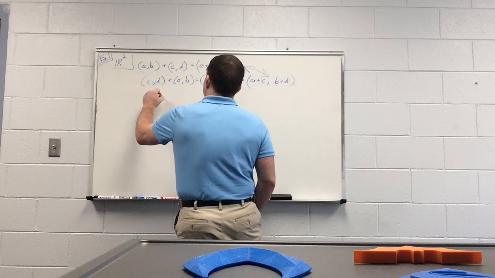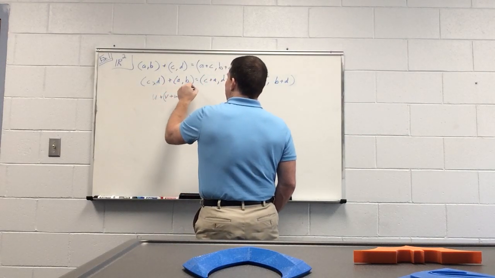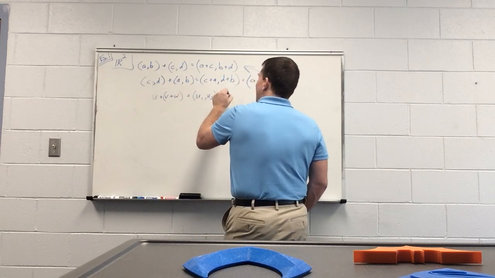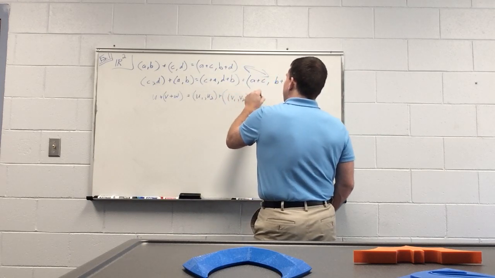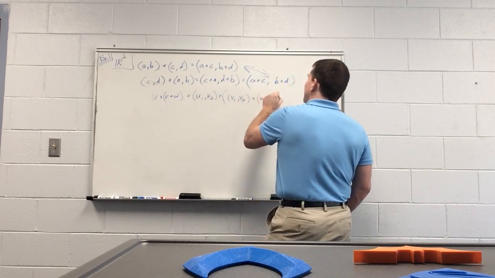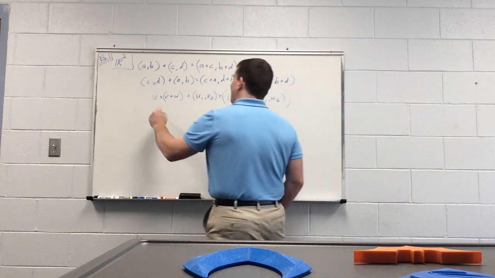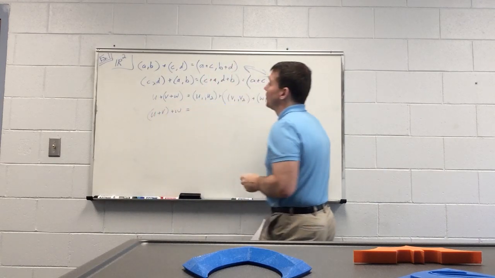Well, if I have three of them, u plus v plus w, we'll just say that's (u1, u2) plus (v1, v2) plus (w1, w2). And then I would have to also look at u plus v plus w.